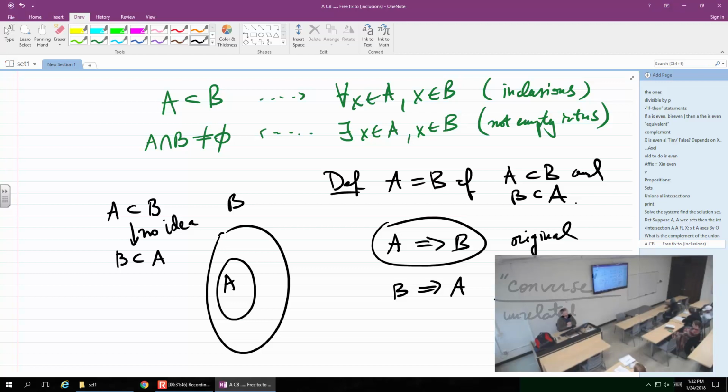Or take the statement: if a number is divisible by 4, then it is divisible by 2. That is a very simple, correct statement.